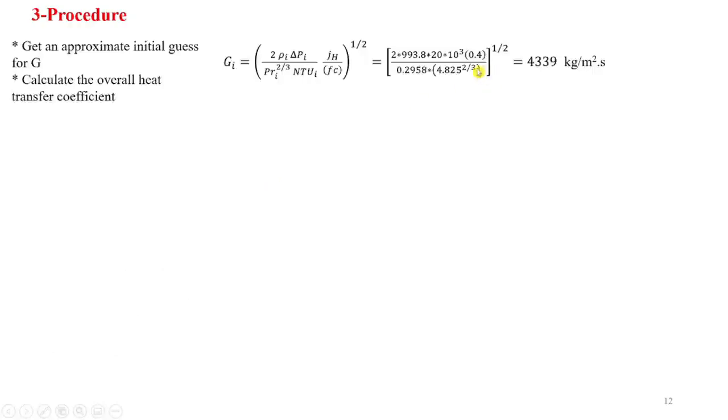Once you substitute the 0.4 for this and substitute the values for the other parameters, you can get an initial value for G_i, which for this case is going to be 4,339 kilograms per meter squared second.